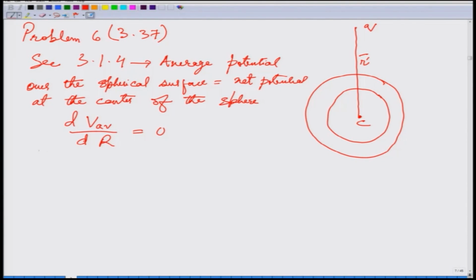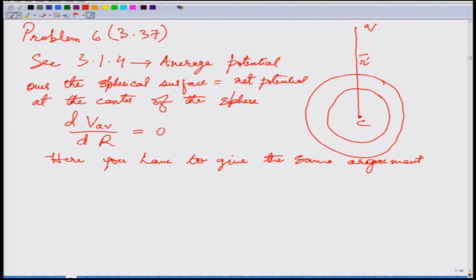Now here what we are going to do is give the same argument by just relying on the Laplace equation.